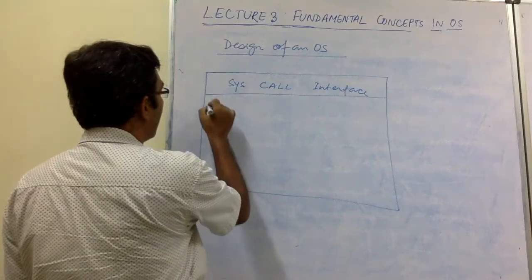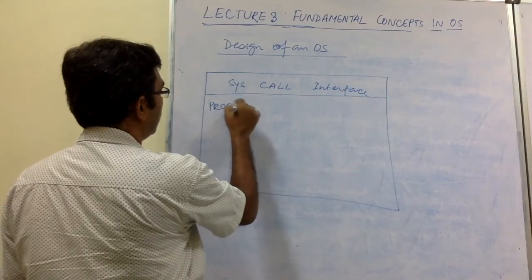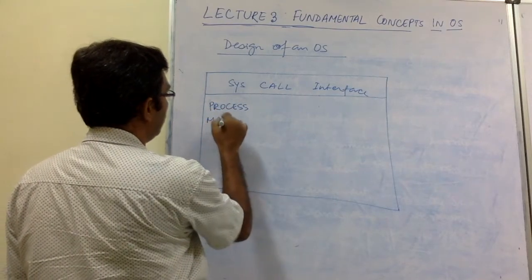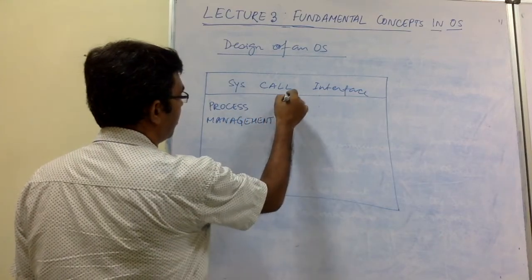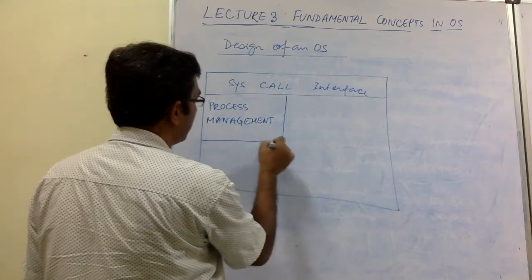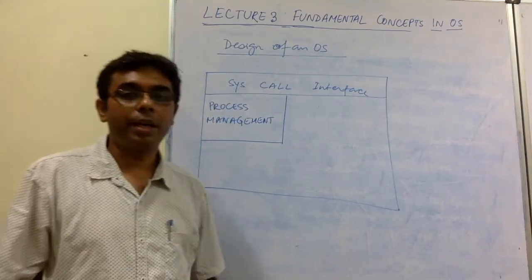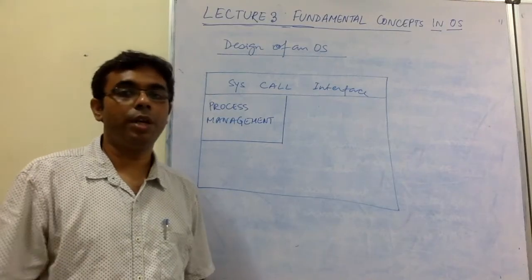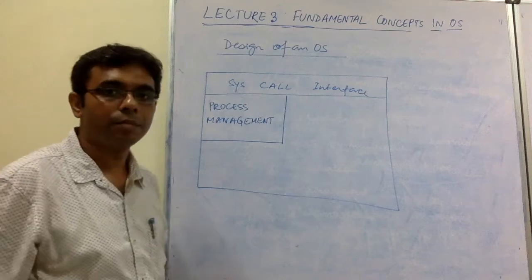Followed by that, we'll have modules that will be used for process management. These are modules that will help in creation, deletion, modifying processes, process scheduling, etc. All this will be included in the process management module of the kernel.